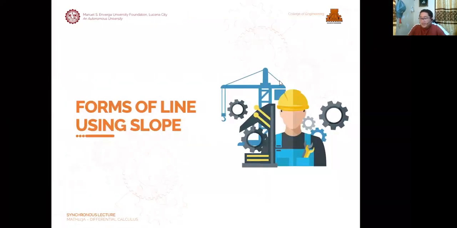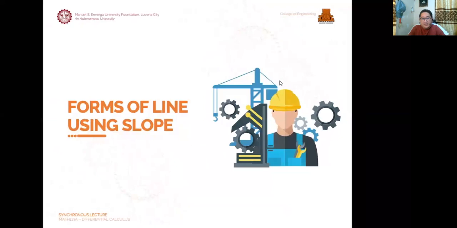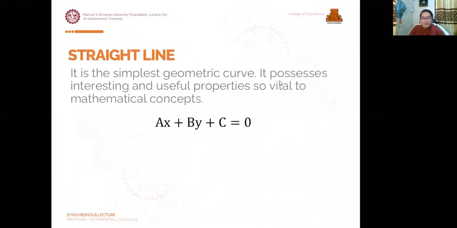So, in analytic geometry, meron tayong forms of line na makukuha natin yung equation ng line using yung slope natin. And sa geometry, ang straight line natin is defined as the simplest geometric curve sa geometry natin.